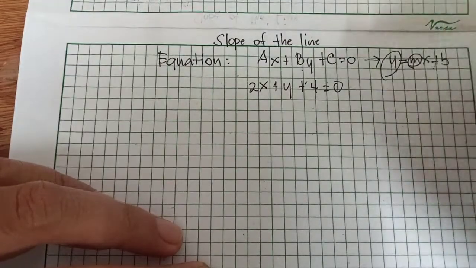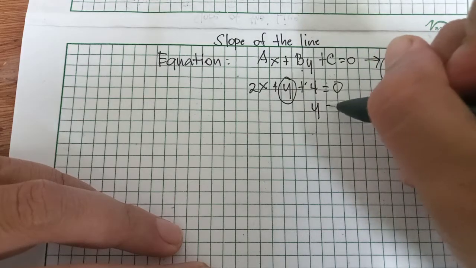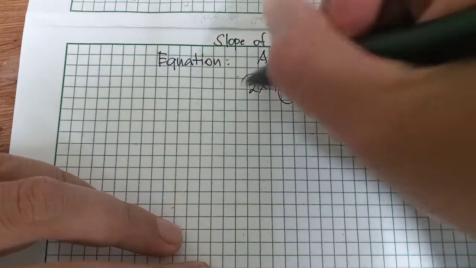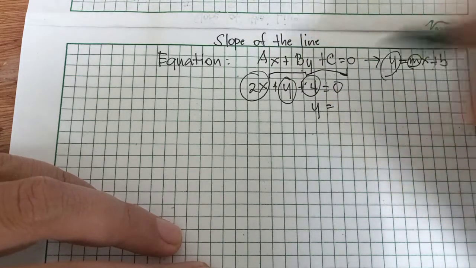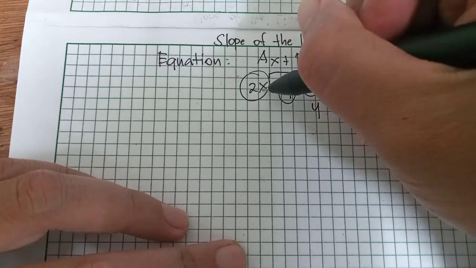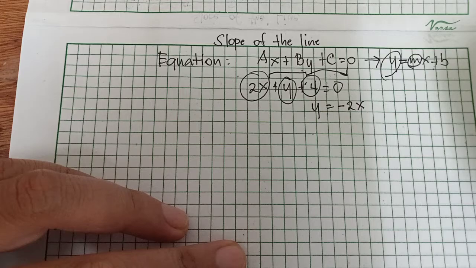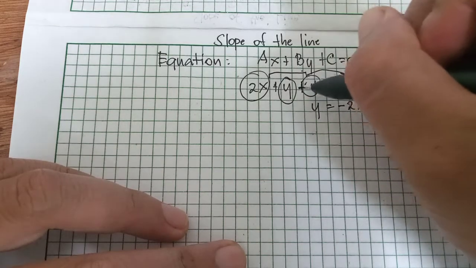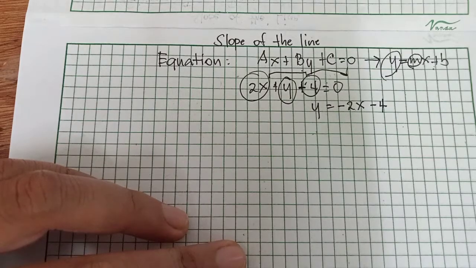So therefore, copy y, that will remain on the left side. y is equal to, your 2x and your 4, both of these terms will be transposed to the right side. So positive 2x will become negative 2x on the right side. Likewise, positive 4 will become negative 4 on the right side.